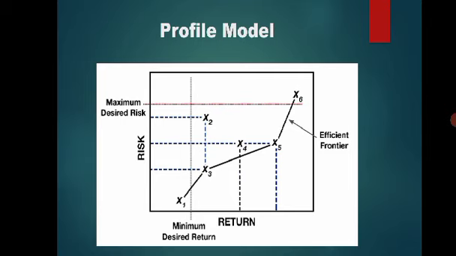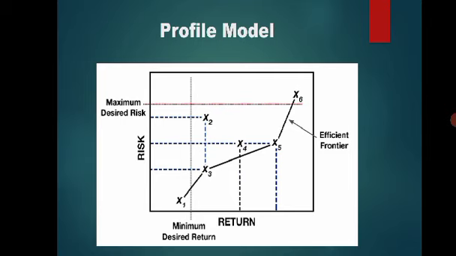So you could see that it is drawn from project 6, project 5, project 3, and project 1. So that is where the efficient frontier lies. So every project on that frontier can be selected.